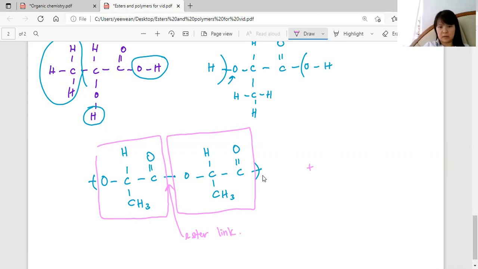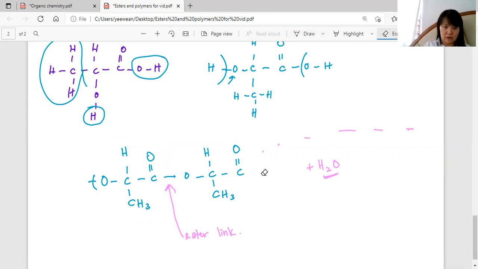And water has been eliminated. Depending on how many monomers you have here, you can calculate how many water molecules have been eliminated. I'm going to end this here. Then I would only have 1 water.